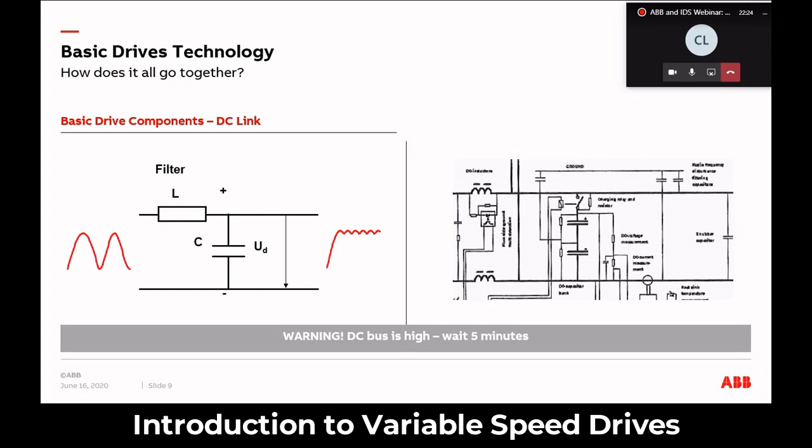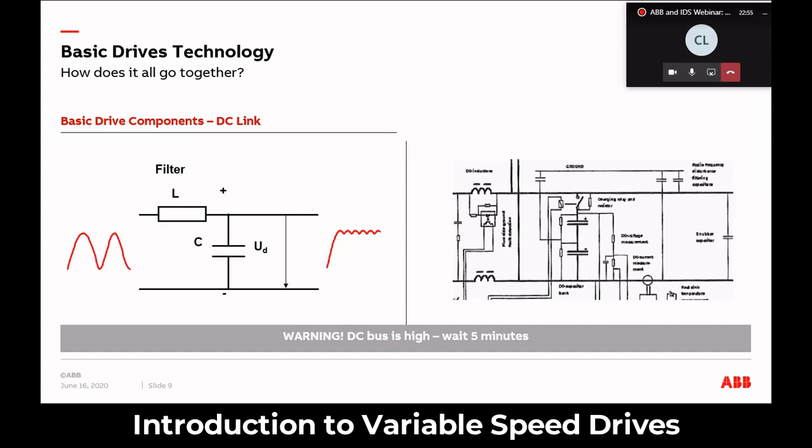One thing to make a warning of as well is that when we apply an AC voltage, we're going to have a higher DC bus voltage on the output. So we typically say, from a safety aspect, that when you power a drive down, wait at least 5 minutes before you carry out any work on it, mainly to give the capacitors enough time to discharge any excess voltage back into the ground system.